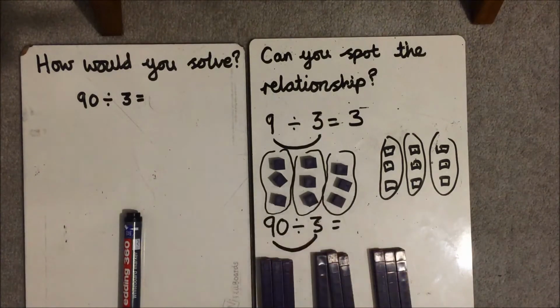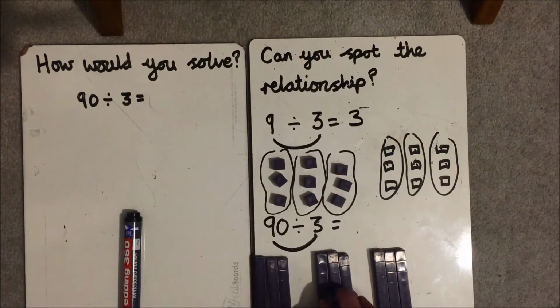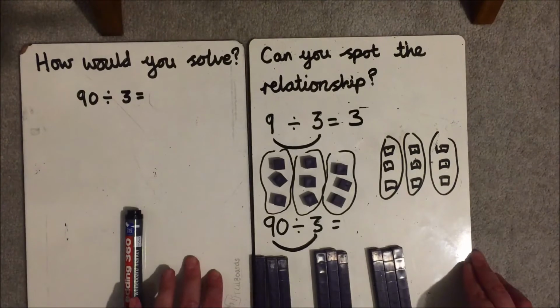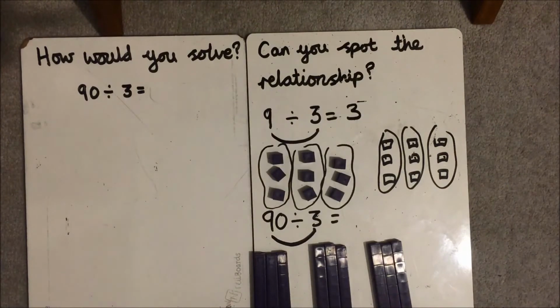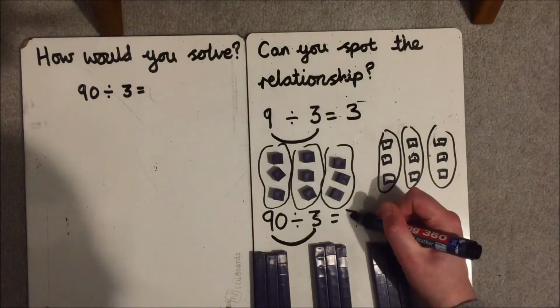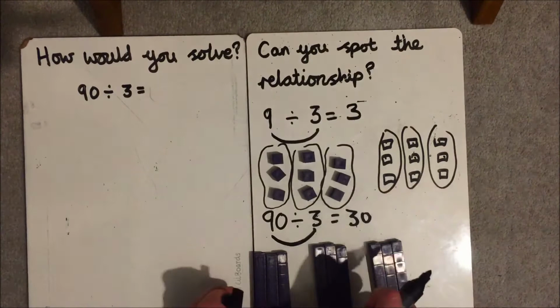So I've done 90, 9 tens, and I've put them into 1 group, 2 groups, 3 groups. How many does each group have in? 10, 20, 30. My answer is 30, and I'm also going to do it as a picture.